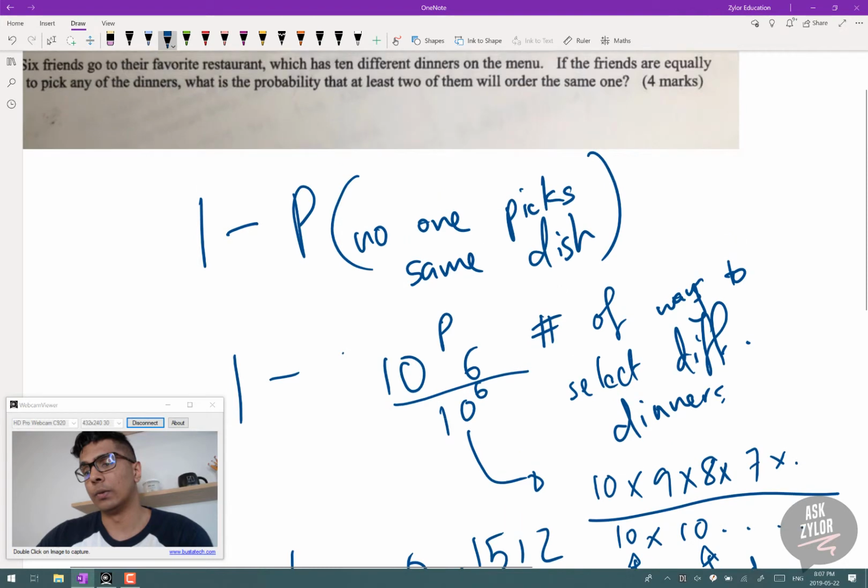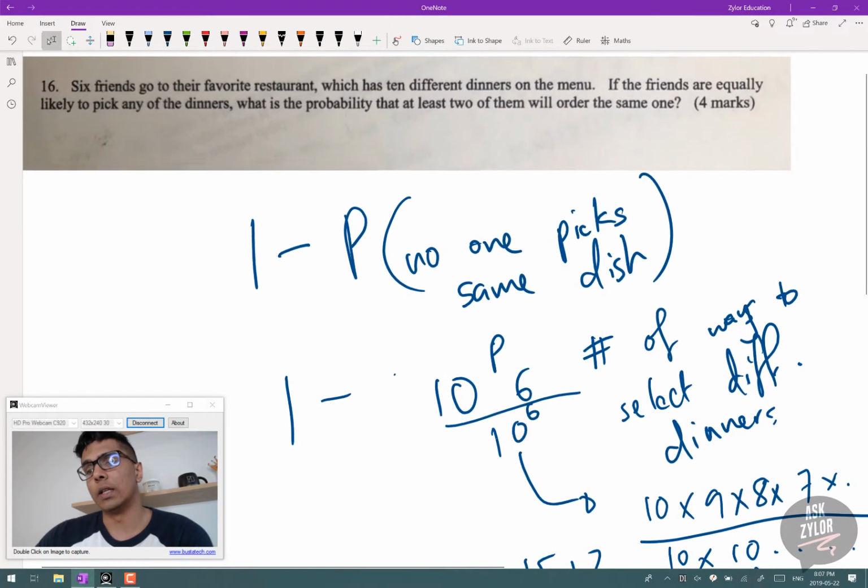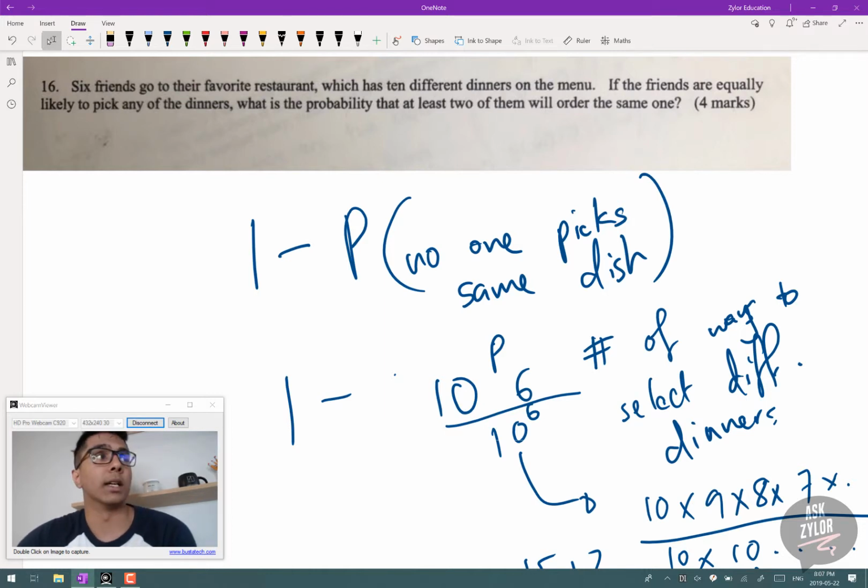So just to recap what we did, we were asked to find the probability that at least 2 people will order the exact same order. So what we ended up doing was we did 1 minus the probability that no one picks the exact same dish. Right? So that ends up being 10 permutation of 6 divided by 10 to the power of 6.